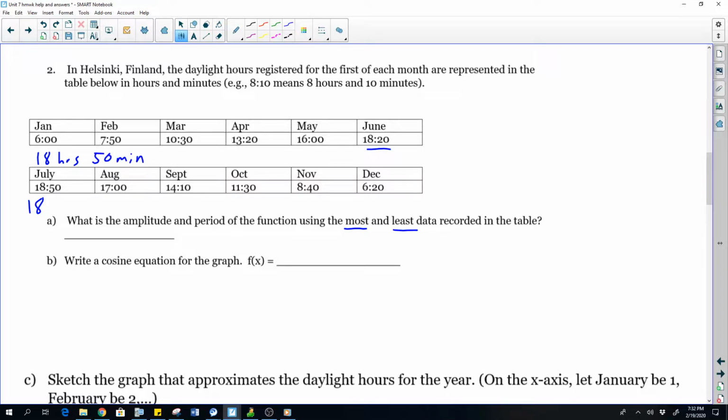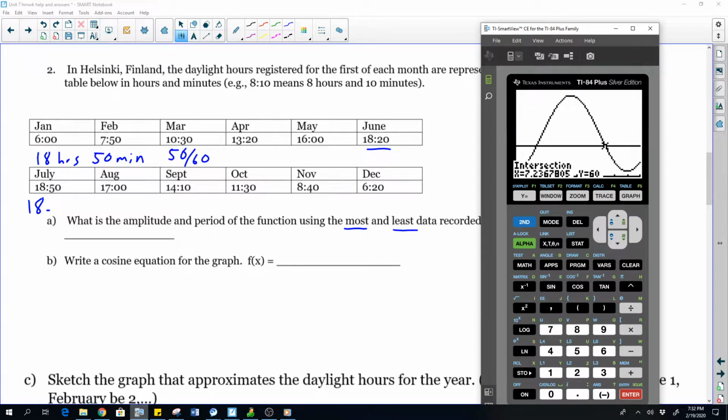So that means we have to take 50 and divide it by 60 and get a dot something for our maximum, okay? Because we're trying to convert into a decimal system that we can graph and make an equation out of. So we're going to take 50 minutes, divide it by 1 hour of 60 minutes, convert that into hours, and so that's going to be 0.833 hours.